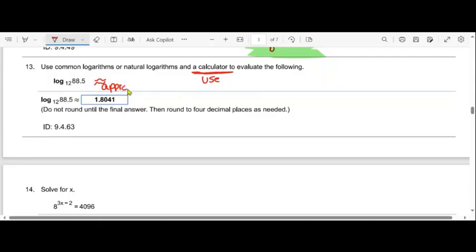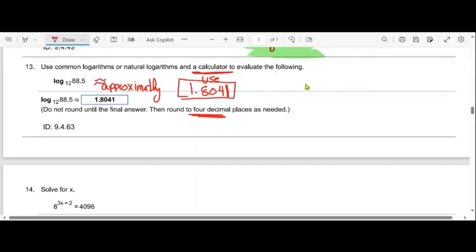1.804. Remember, he asked for 4 decimal places. How much do you have after 1? 1.804. Yes, that's the answer. That's correct. Okay, so only 4 decimal places.